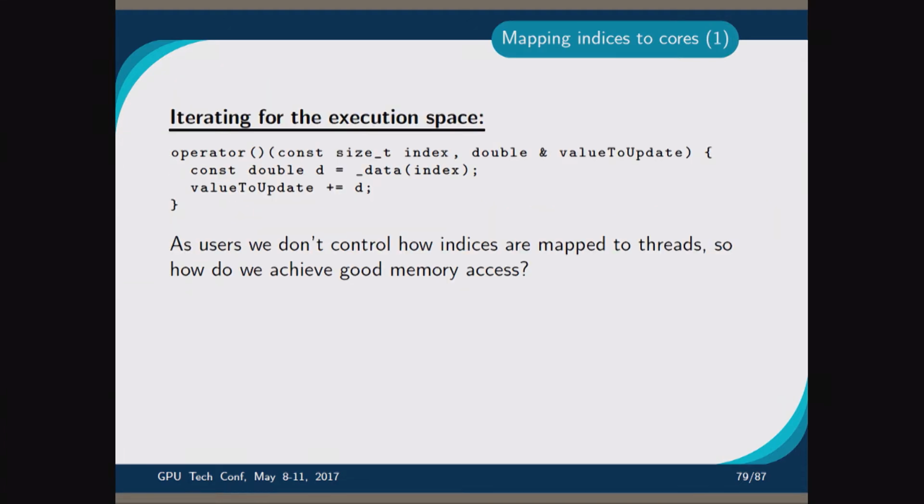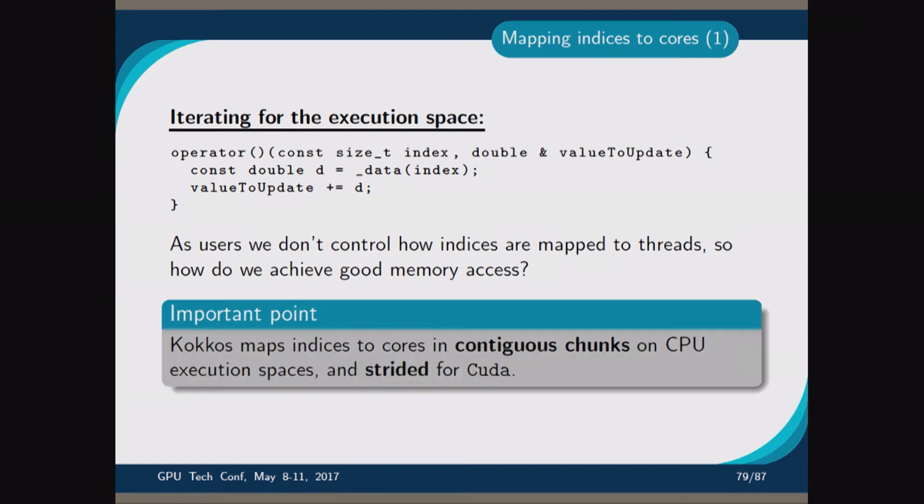And why do we do this? When you go through the exercises, this is what we call caching and coalescing, the vocabulary terms. When we do the parallel for on the range policy, we map contiguous chunks of that range onto CPU threads, and we stride the range out across GPU threads.